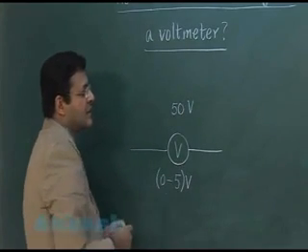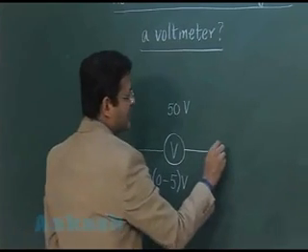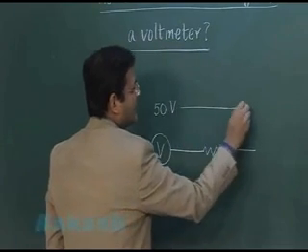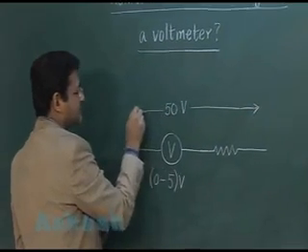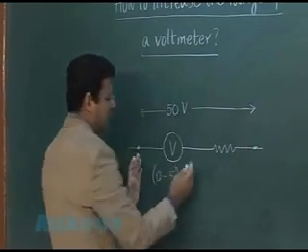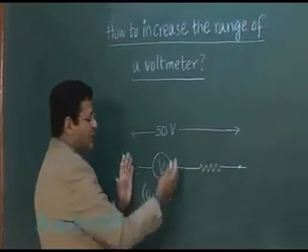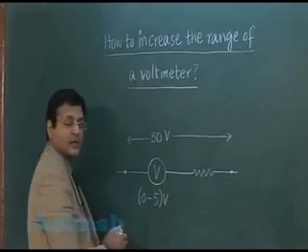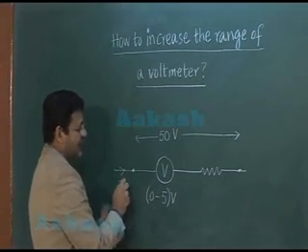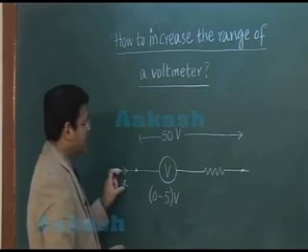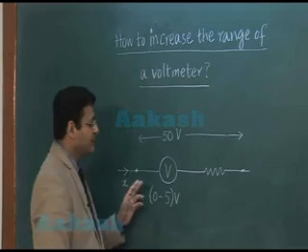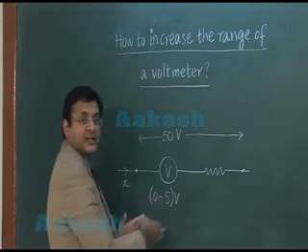Across this, whatever extra voltage... Earlier the voltmeter was able to measure only up to 5 volt, because some current was passing into it, say X current was passing. इस X current को जब आप voltmeter की resistance से multiply कर रहे थे, तो let us suppose वो 5 volt आ रहा था.